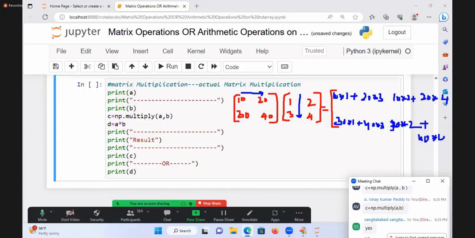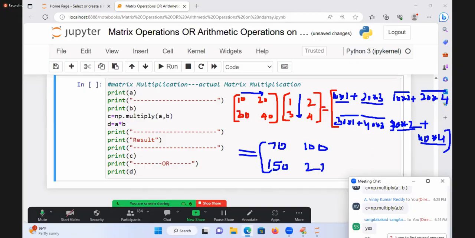Now the answer: 10 into 1 is 10, and this is 60, so 70. 10 into 2 is 20, 20 into 4 is 80, so 100. 30 into 1 and 40 into 3 gives 150. 30 into 2 is 60, and 160, so 220 is the answer.